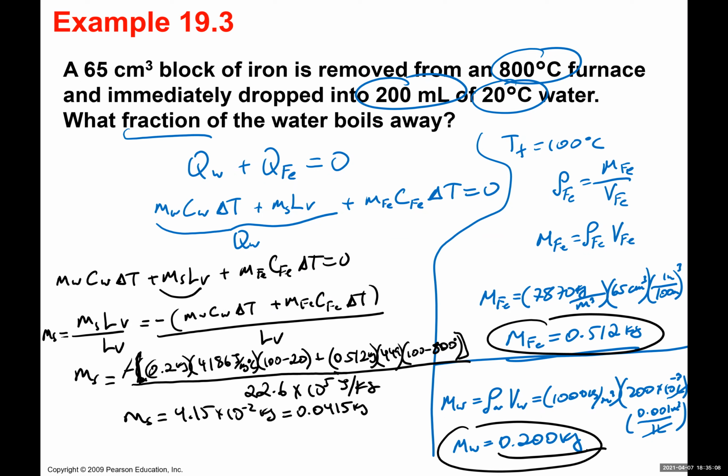So basically I have about 40 grams of the water now converted to steam, and you can see, right, total I have about 200 grams. So let's say the fraction here is 0.0415 over 0.2 times 100%. We're going to get roughly 21%. That means 21% of the water now is in steam form, 79% is in liquid form. All right.